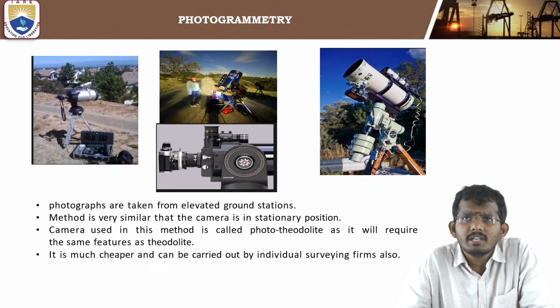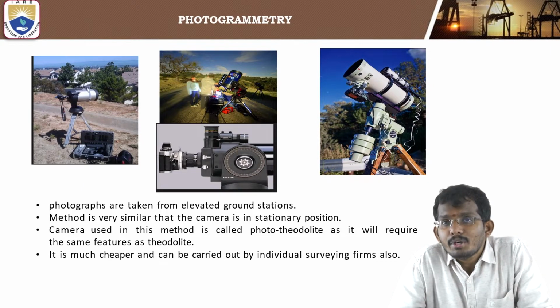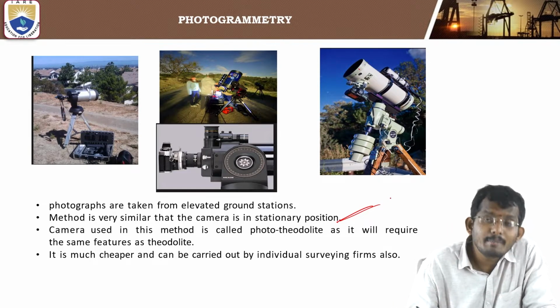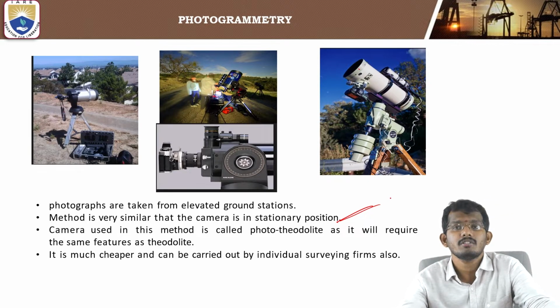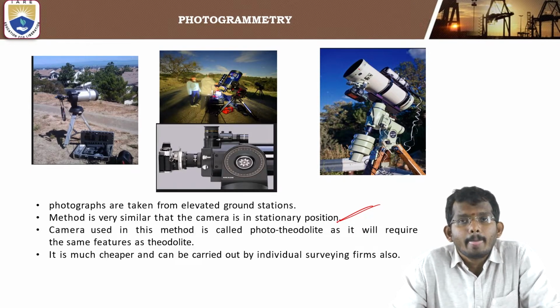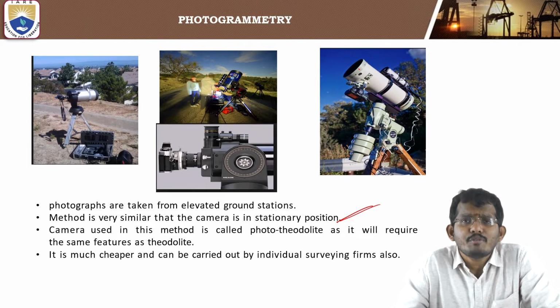In this method the camera is in a stationary position, so there are fewer errors compared to aerial photogrammetry. Because the camera is stationary, there is no error of relief displacement or tilting error. Whereas in aerial photogrammetry the aircraft is moving, there are vertical errors, it may be a vertical photograph or an oblique photograph, many types of photographs and many errors.